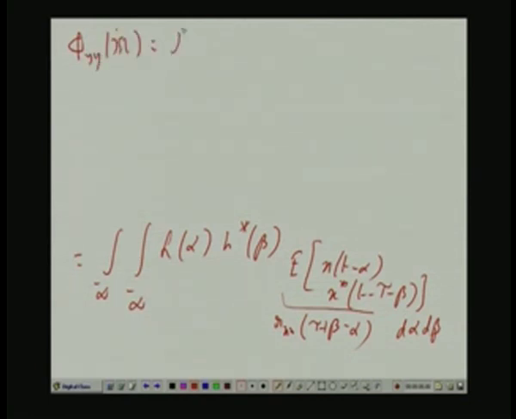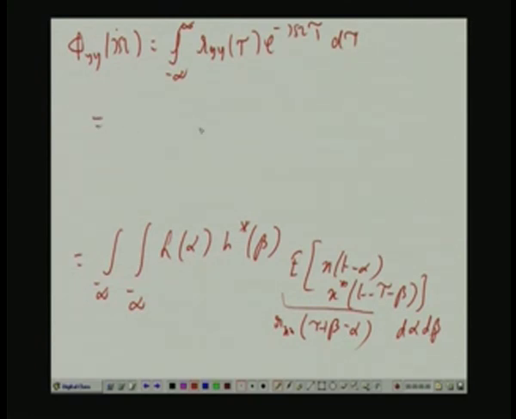It is the integral of r y of tau e to the power minus j omega tau d tau, the Fourier transform. R y of tau is this double integral that you put here; it becomes a triple integral. If we assume all the integrals exist and therefore converge, you can interchange the order of integration, which we have done plenty of times.